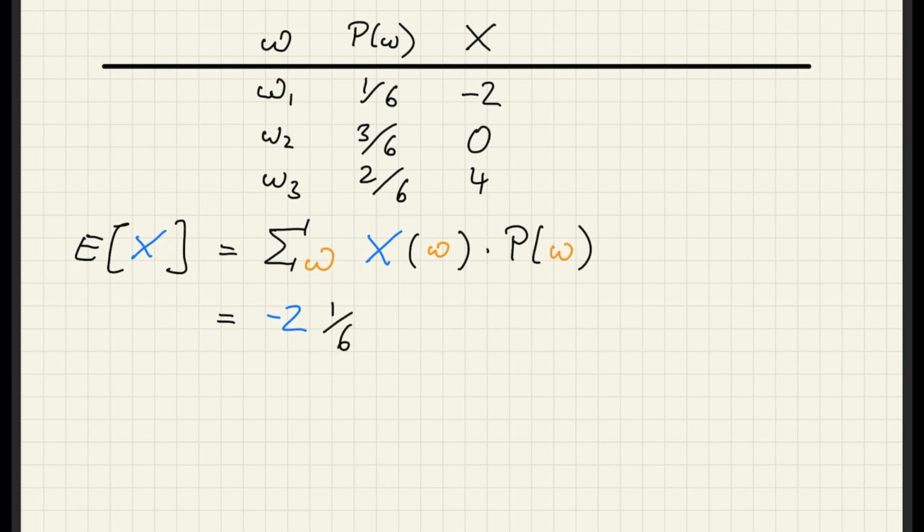Then we move on to the next omega, which we can find in this row. We take the value of x, which is 0, right? 0 times the corresponding probability, 3/6, and move on to the next outcome, get a value of 4 with a probability of 2/6.